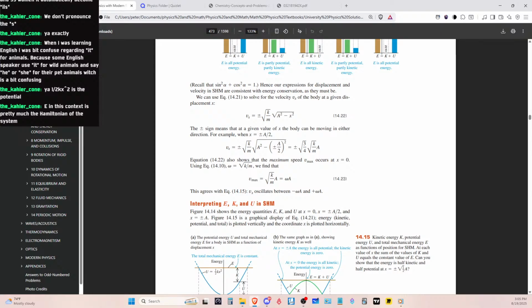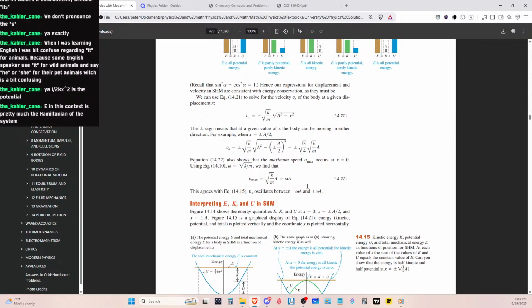Let's see. It means that for a given value of x, the body can move in either direction. For example, when x is, okay, so this is an example they use. Okay, I thought it was another formula.